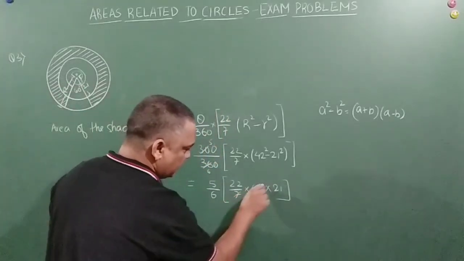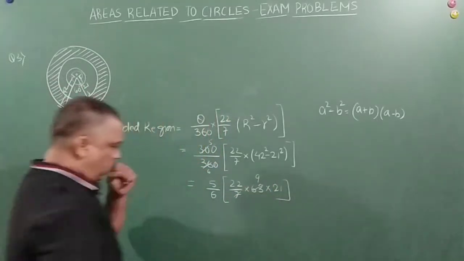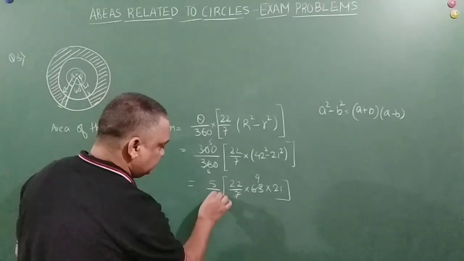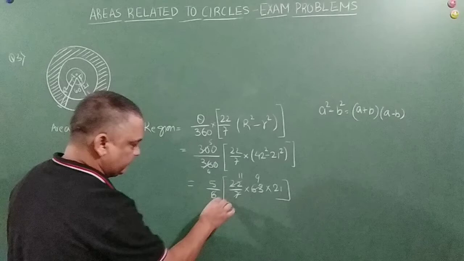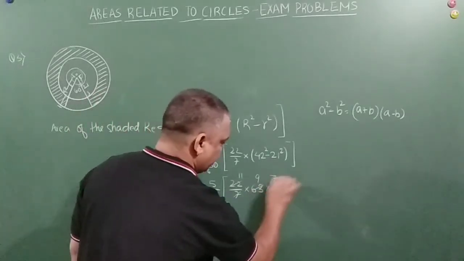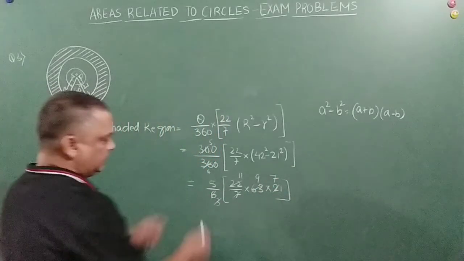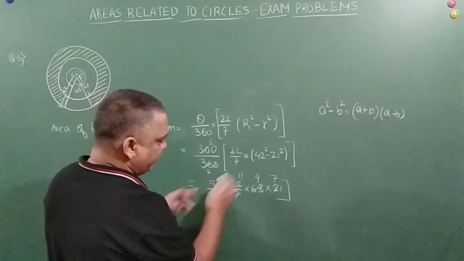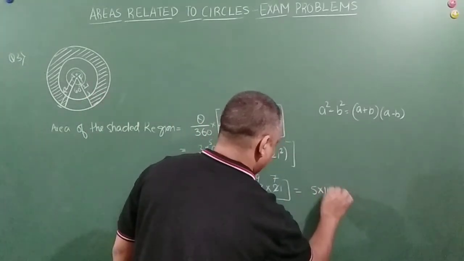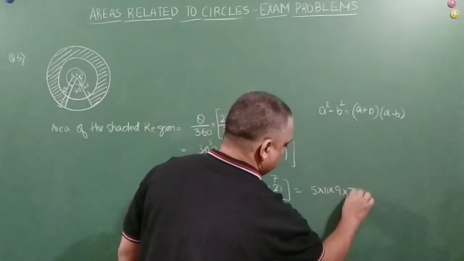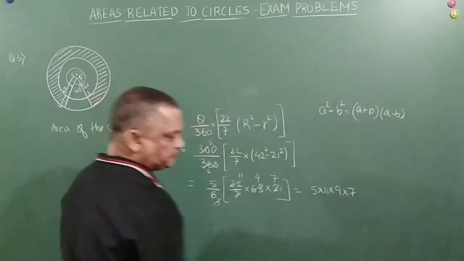Now this is 9. This is 3, 11, 3, 7, right? So we are left with 5 into 11 into 9 into 7, right?